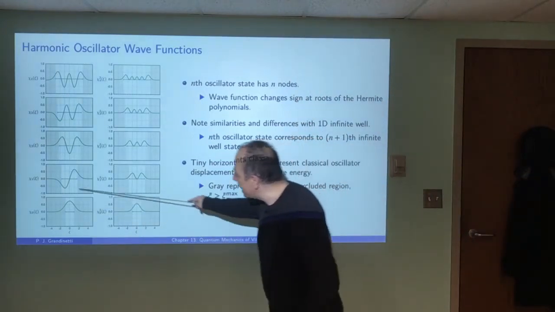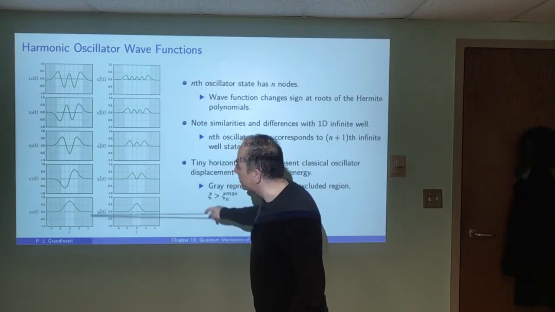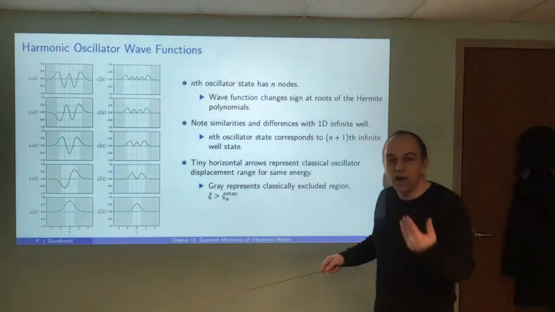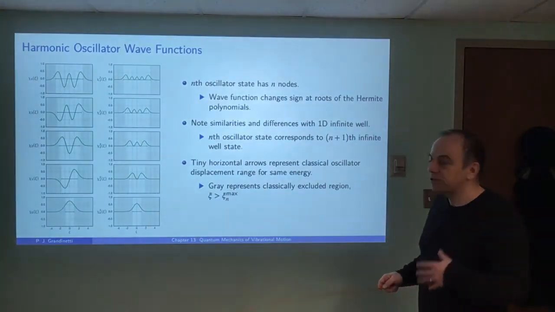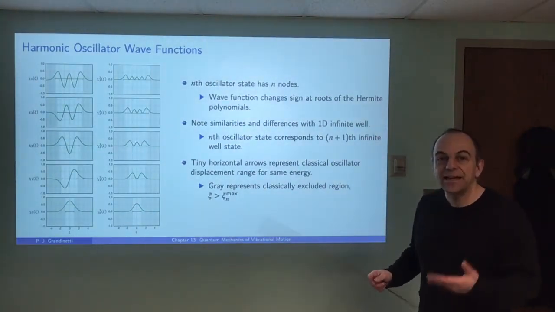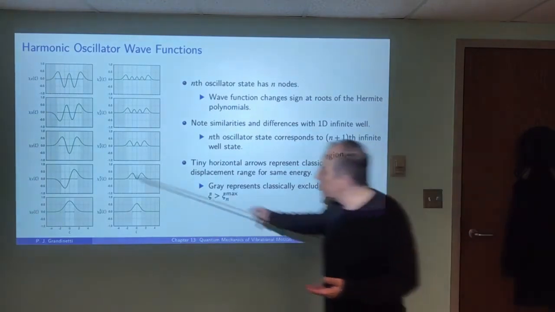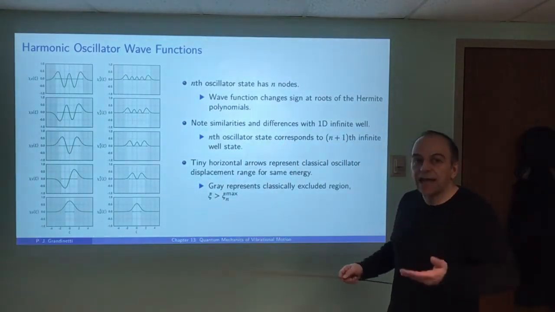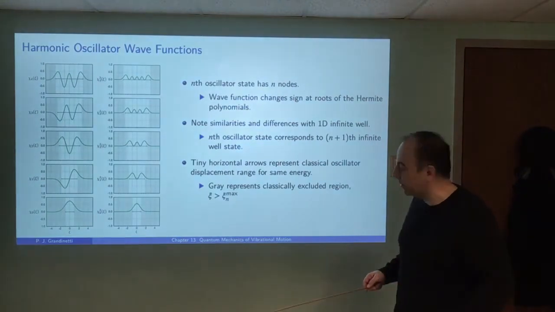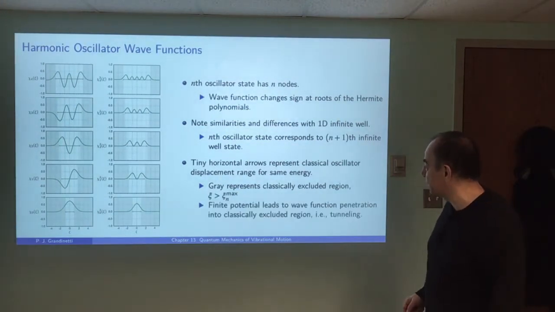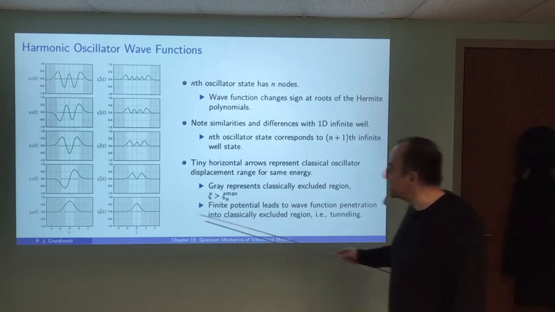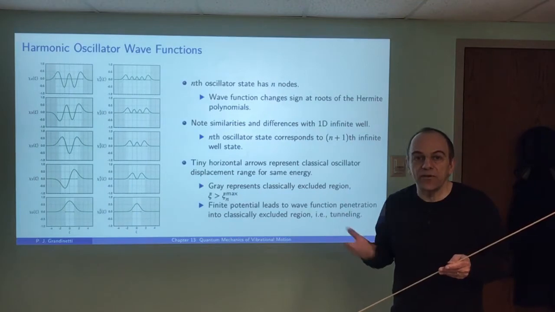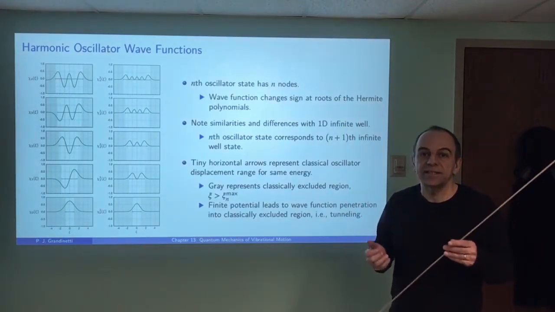And what you see is that in the quantum harmonic oscillator, the wave function extends into that region beyond the classical turning point. So in a way, it's tunneling into the barrier and showing up at positions where a classical harmonic oscillator would never make it to. So this is a type of tunneling that occurs, and we'll see this throughout all of the problems we're solving when we're looking at bound states.